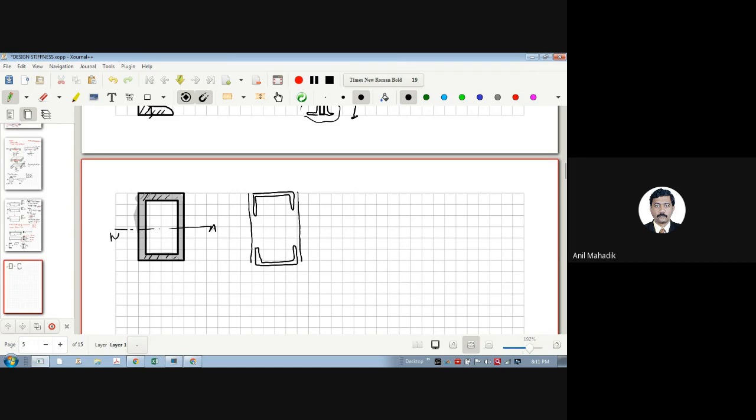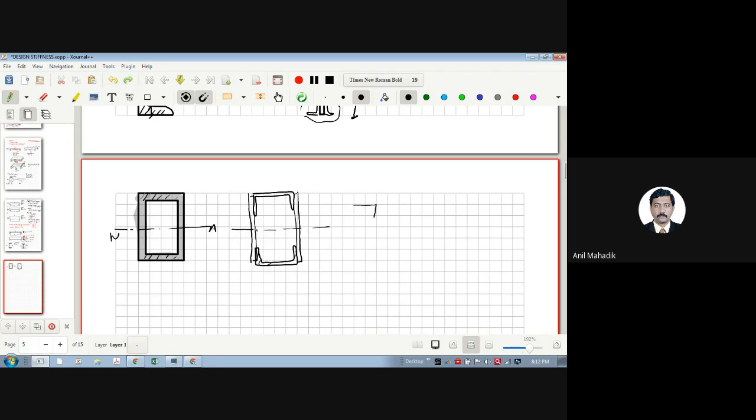So this is your column section. These are the plates, and then there are two channels. This is your neutral axis. So this is also a built up column using two channels. You were saying back to back, so that will be something like this.